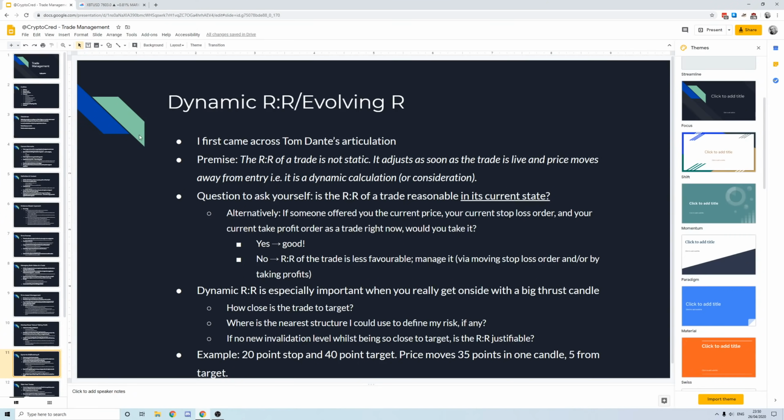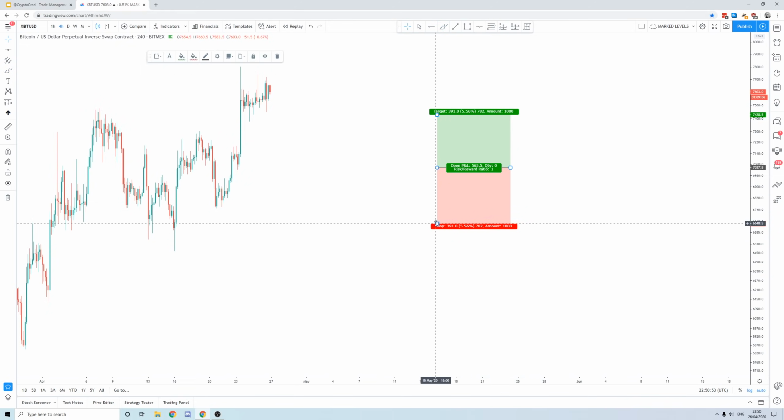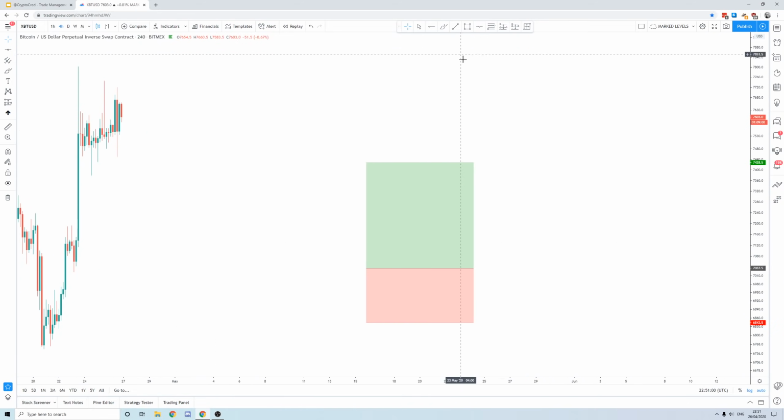So let's look at a quick TradingView example without anything specific. Let's say you enter a long position. Let's make a slightly better risk-reward here. Risk-reward of 2. Okay, forget all this. This is our trade, risk-reward of 2: entry, stop loss, target.